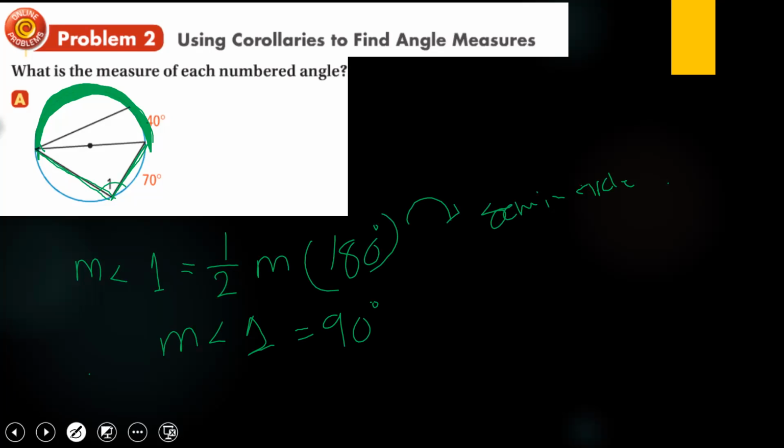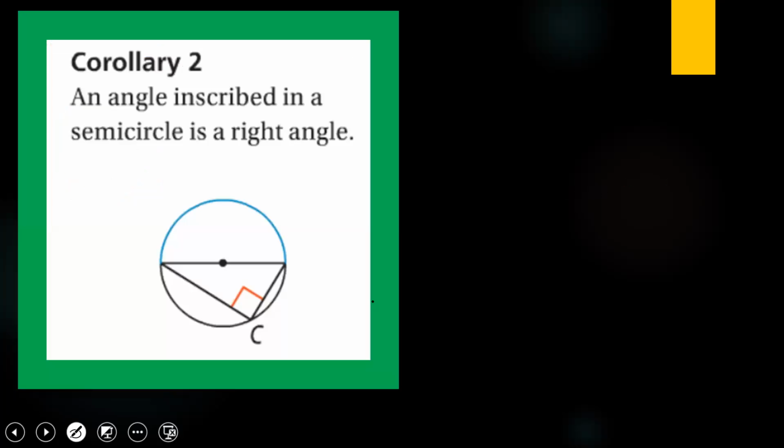Now, since we use this theorem, it introduces you to corollaries. What are these corollaries? This is corollary number 2. That says an angle inscribed in a semicircle is a right angle.